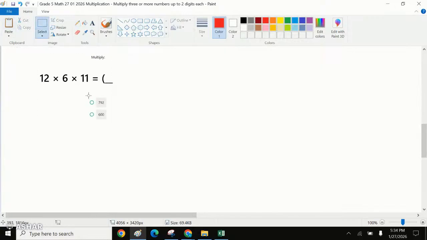This is our question number one from the test. The tab for the test is on the right hand top corner of the website, for this lesson. So what should be the answer? Would it be option A or option B?